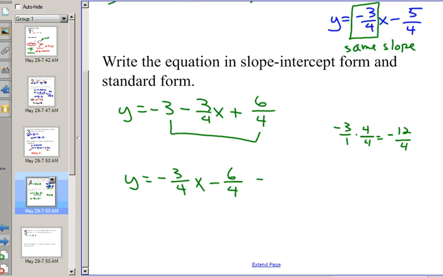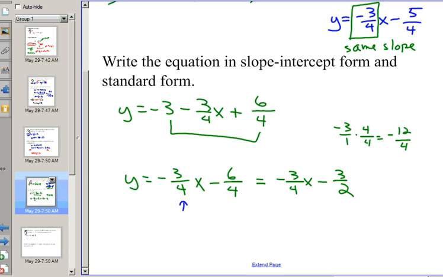And if you can't, leave it unsimplified, -3/4 x minus 3/2. So again, slope of -3/4, same slope as the other line, but now my y-intercept is -3/2.